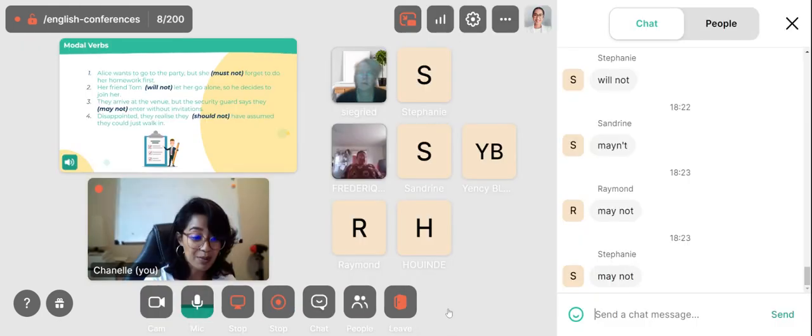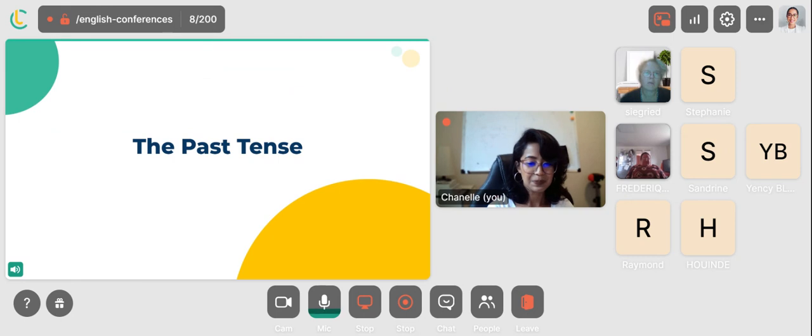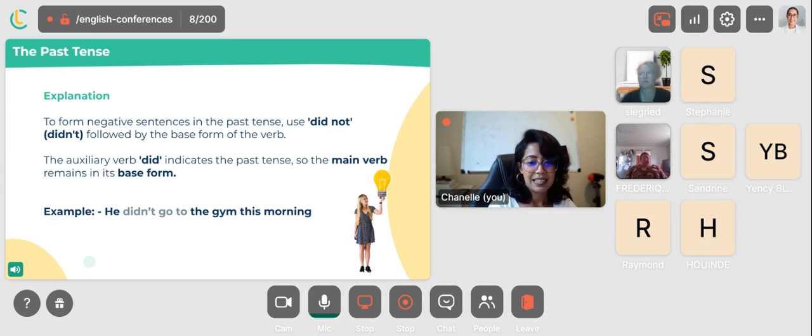So thank you everyone for your responses. Let's look at the past tense. To form negative sentences in the past tense, we use did not or didn't, followed by the base form of the verb.